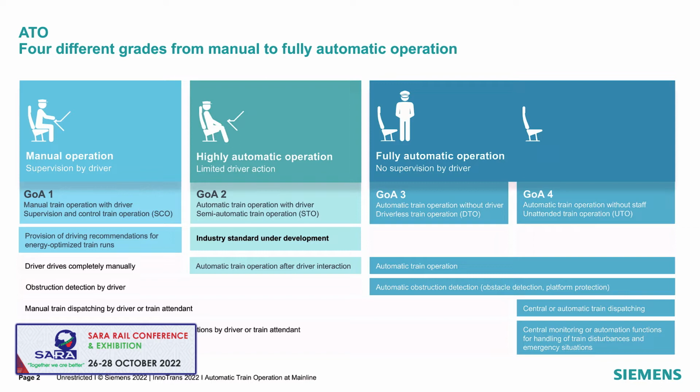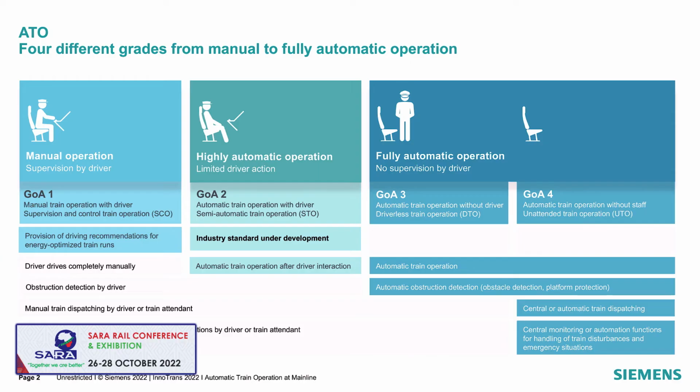Now the next step is the high automatic operation with limited driver involvement. But the trick is we need the driver to start this automatic operation. When the driver wants to go into a GoA 2 operation, he needs to push a button. There is not a fully automated system which comes from the cloud and gives the trigger point for the train.